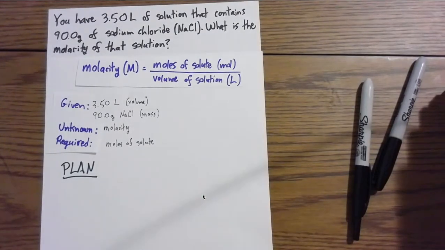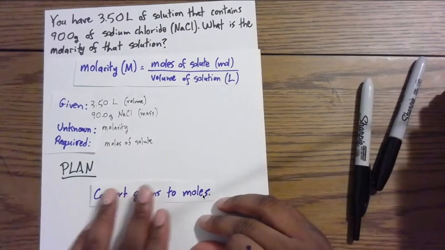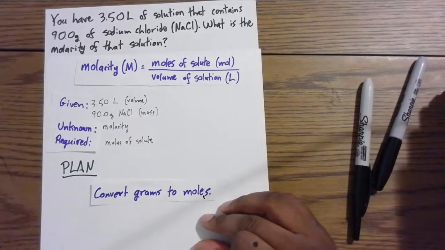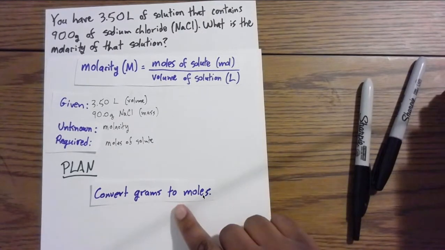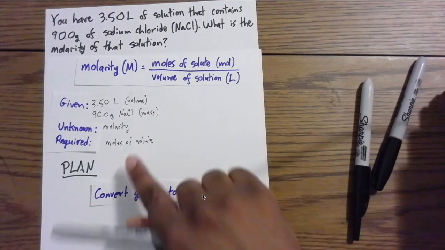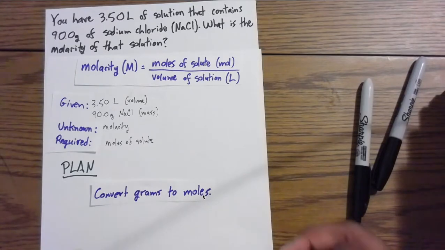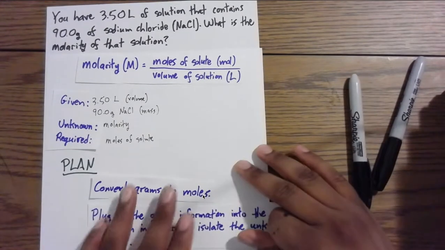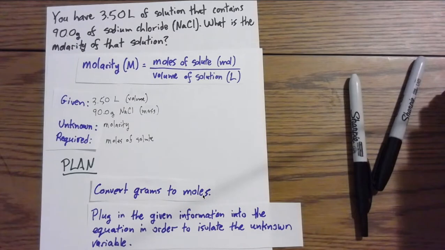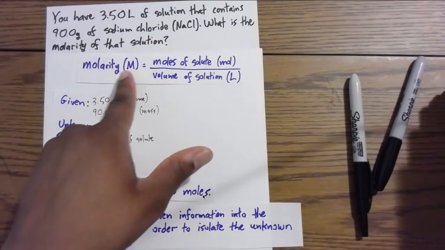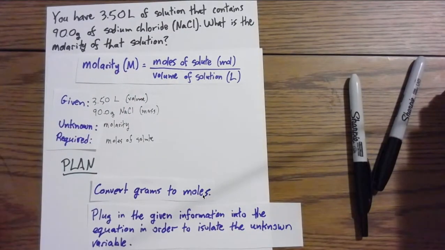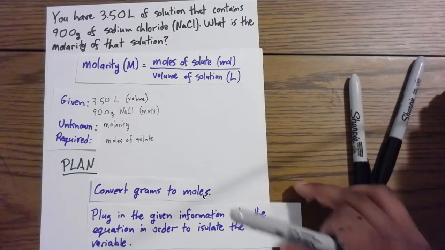First, we are going to convert grams to moles. Once we have the moles of solute, we will do our second step, which is plug the information into the equation to isolate the unknown variable, which is already isolated as molarity. So we're just going to plug it in and then solve. That's going to be very simple.